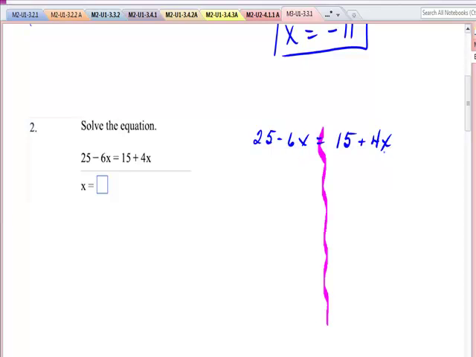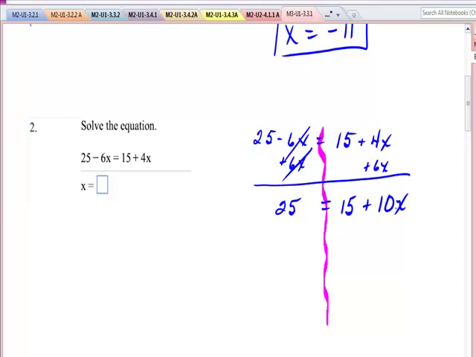Yes. I choose to get rid of the smaller one, and please don't forget that negatives are always smaller than positives. So I'm going to do the opposite, which is add 6x to both sides. Bring down the 25. Those are opposites. Bring down the 15. 4x and 6x gives me 10x.